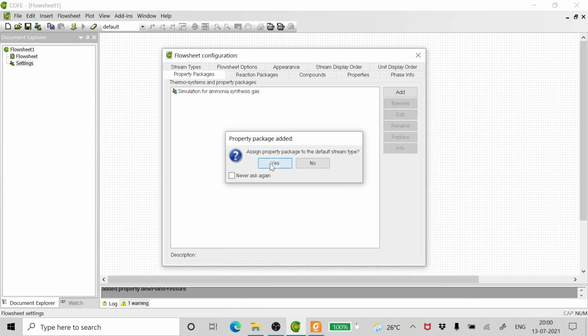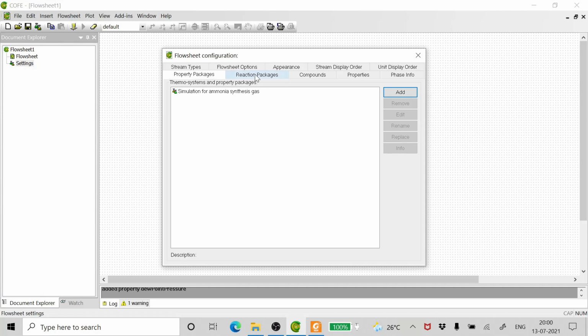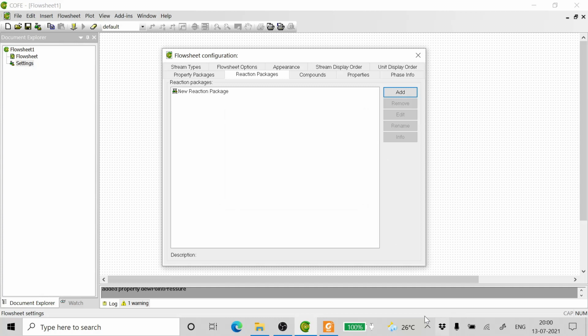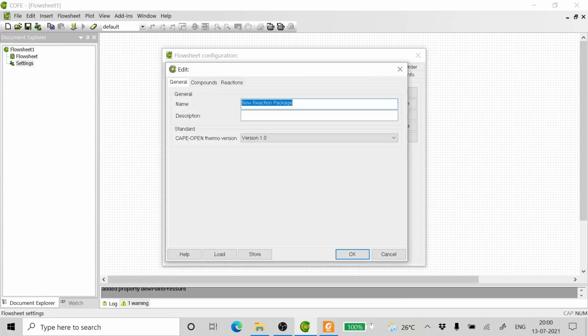And we assign this property package. Now we go to the reaction packages. In the reaction package, we click add and we select CORN and we give it a name, same simulation of ammonia.